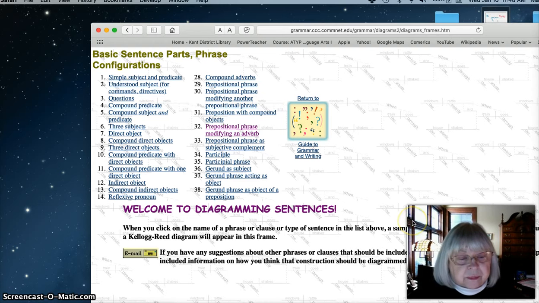This is from some college's help center, and it's very good. So we're going to look here until we find the magic word participle and participial phrase.